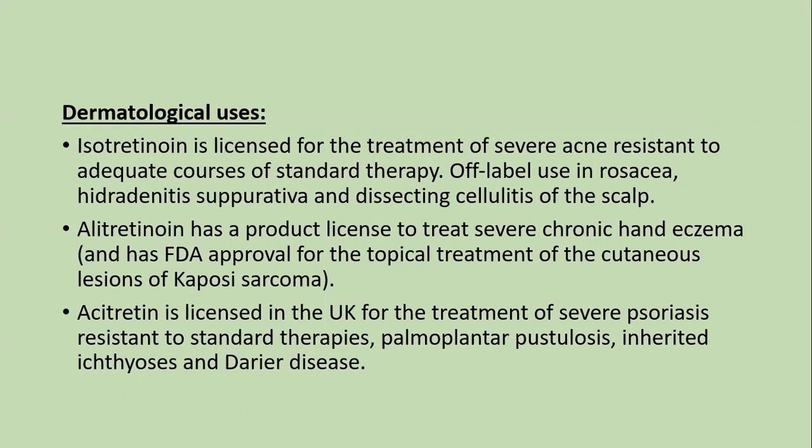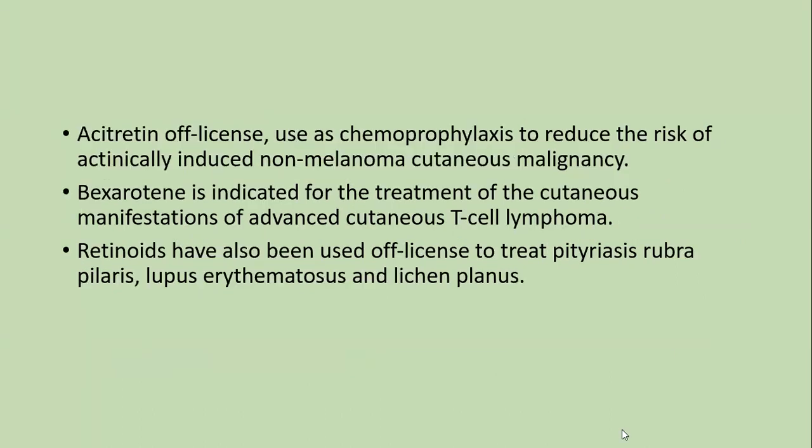Acitretin is licensed for the treatment of severe psoriasis resistant to standard therapy, palmoplantar pustular psoriasis, inherited ichthyosis, and Darier disease. Acitretin also has off-license use as chemoprophylaxis to reduce the risk of actinically induced non-melanoma cutaneous malignancy.